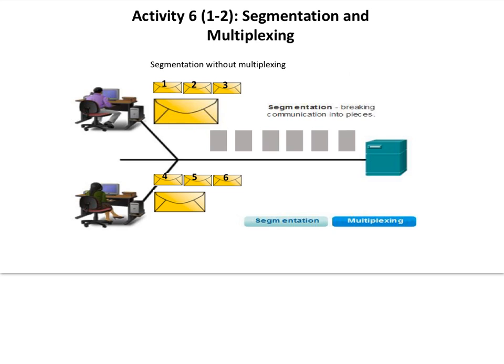If I divide a big message into smaller messages, I have to say the first segment is segment 0, segment 1, segment 2. So I have to put some overhead in each segment that allows me to recover the original message from these smaller segments at the receiver side. So there is a big advantage for segmentation, but there is a slight overhead that we have to pay. So this is the first part.